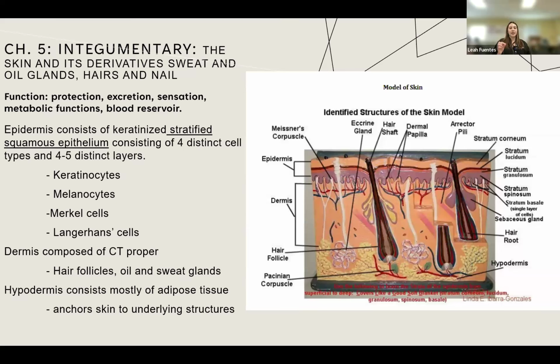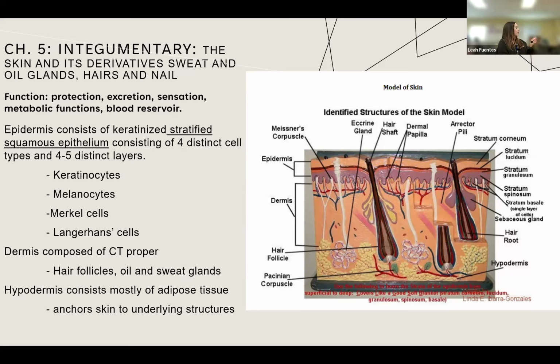It consists of keratinized stratified squamous epithelium and has 4 to 5 distinct layers. It's made up of 4 distinct cell types, which I have here: the keratinocytes, melanocytes, Merkel cells, and Langerhans cells. Once you get the names down, it makes a lot more sense.